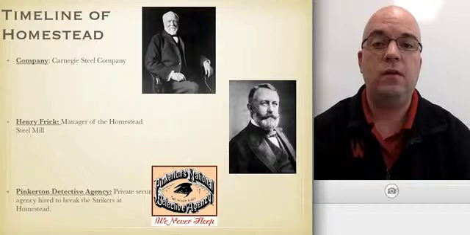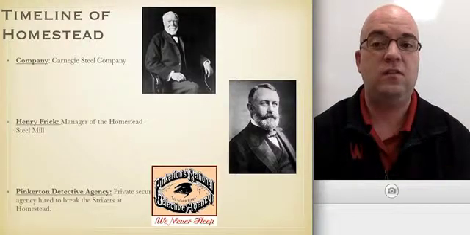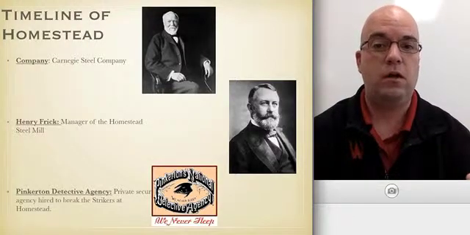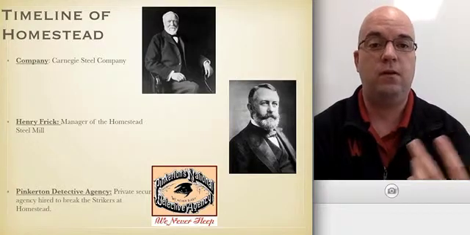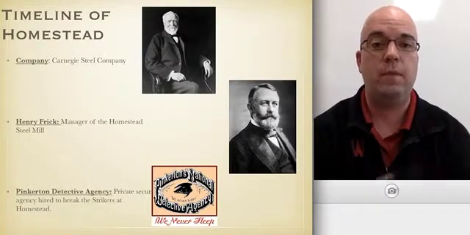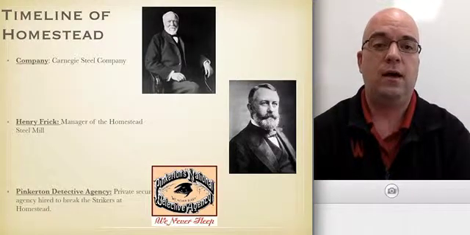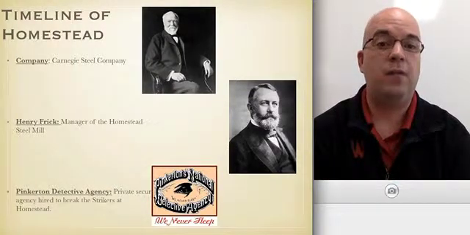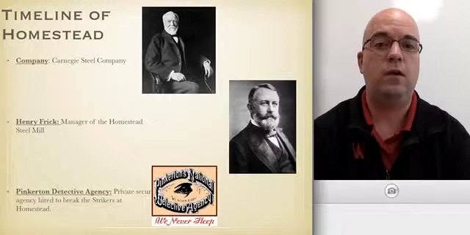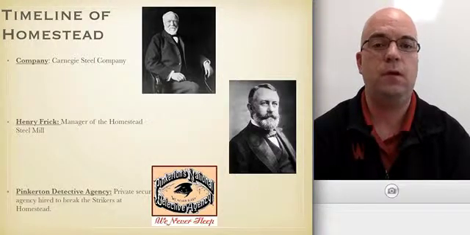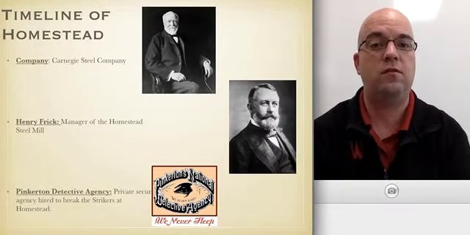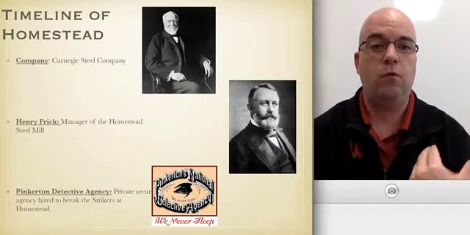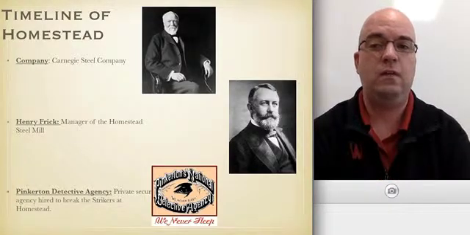The company is owned by Carnegie Steel, and remember, Carnegie was this very wealthy captain of industry. He was a Scottish immigrant who came to America and built himself up from that rags to riches story. He learns of the Bessemer process over in Europe, which allows us to make steel faster and cheaper, brings that back to the United States, and becomes the fourth largest producer of steel in the country.